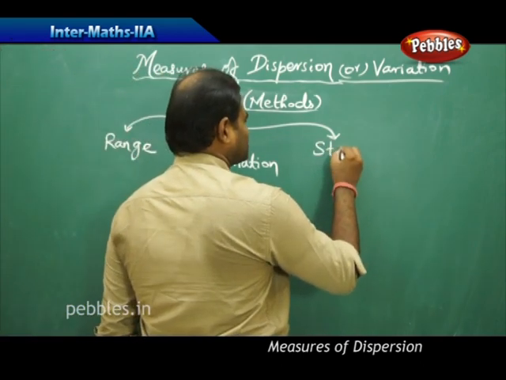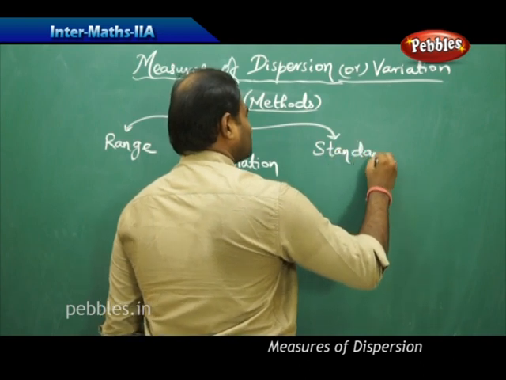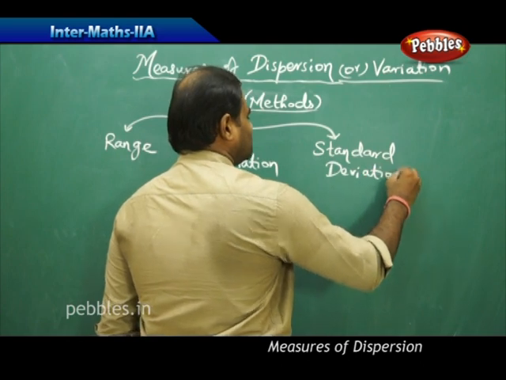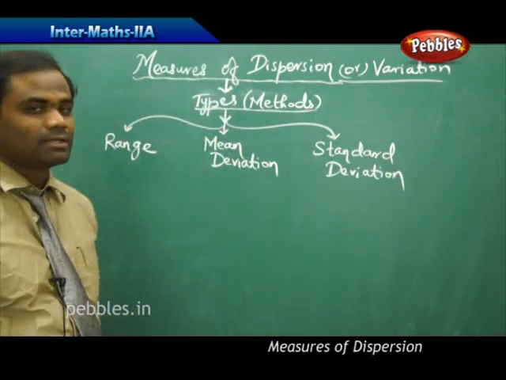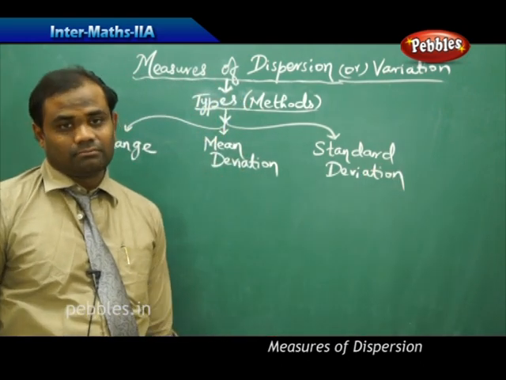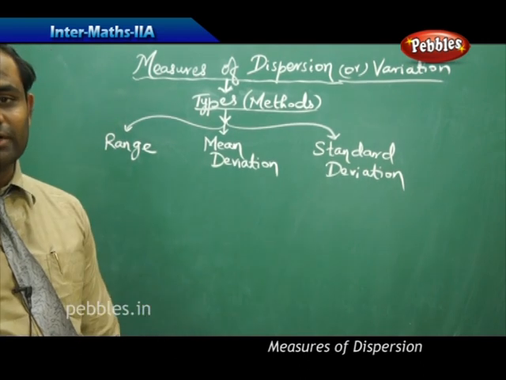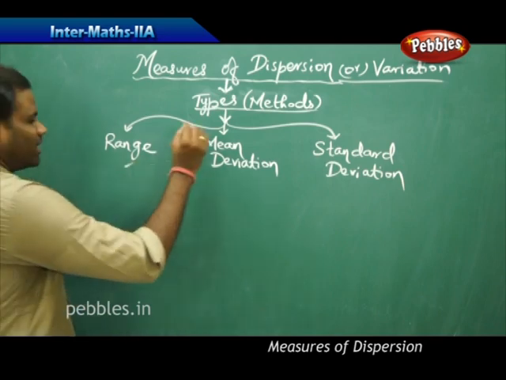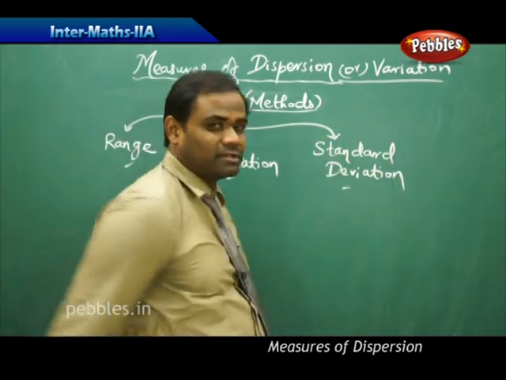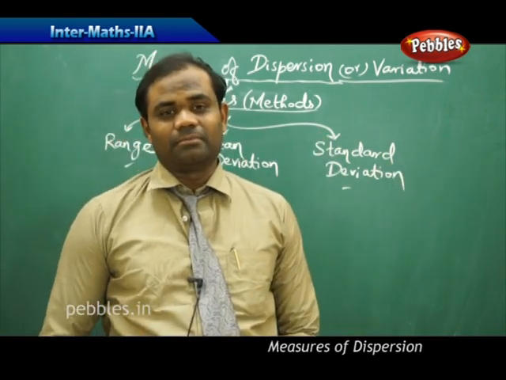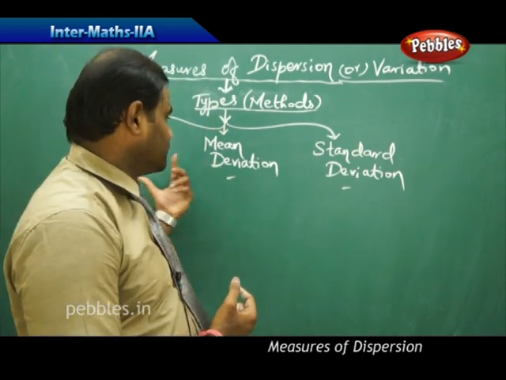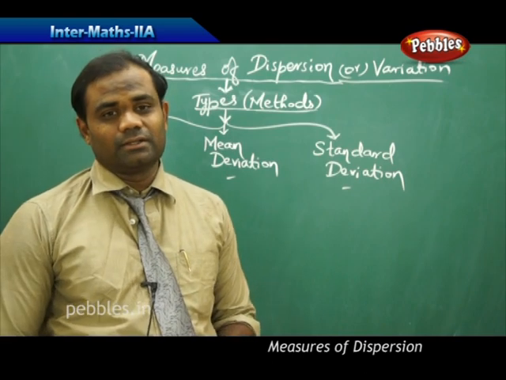And the next is the standard deviation, which also helps in measuring the variation of the data from the given data points. So with these three, range, mean deviation and standard deviation, we try to take each of them and then define respectively the range, the mean deviation, and the standard deviation.